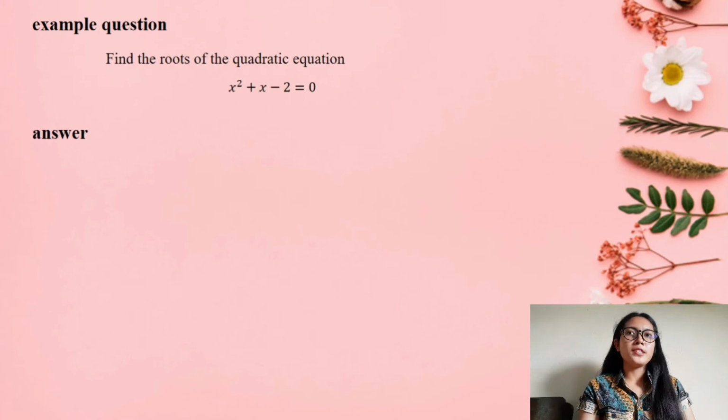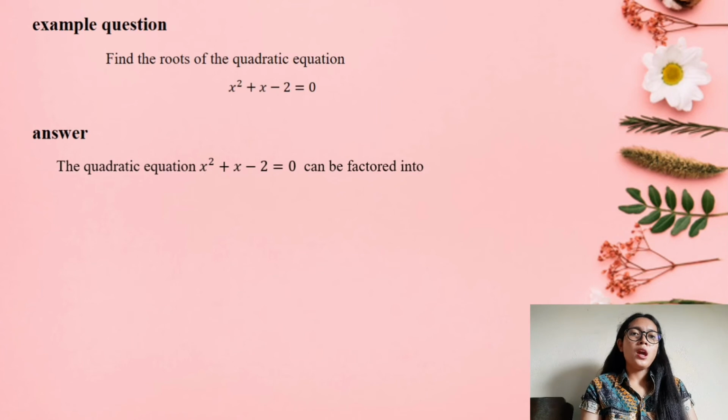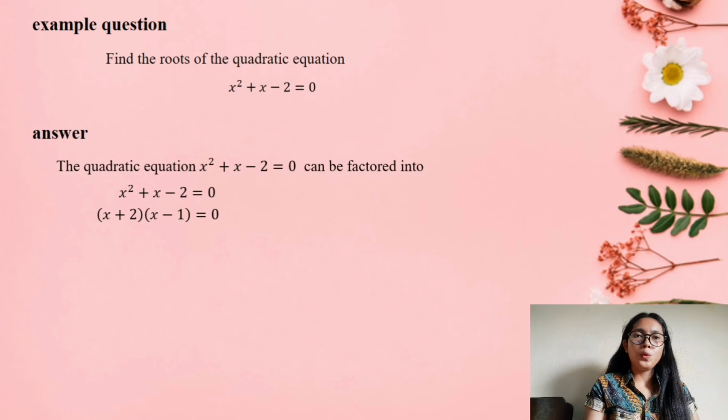Next, example question. Find the roots of the quadratic equation x squared plus x minus 2 equals 0. Answer. The quadratic equation x squared plus x minus 2 equals 0 can be factored into quantity x plus 2 times quantity x minus 1 equals 0.